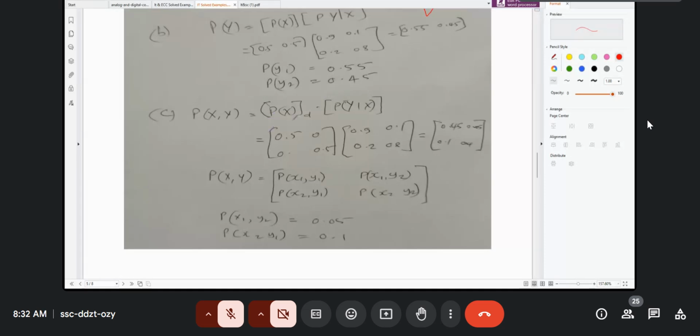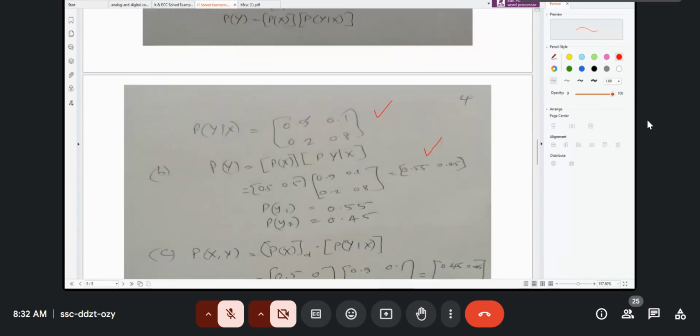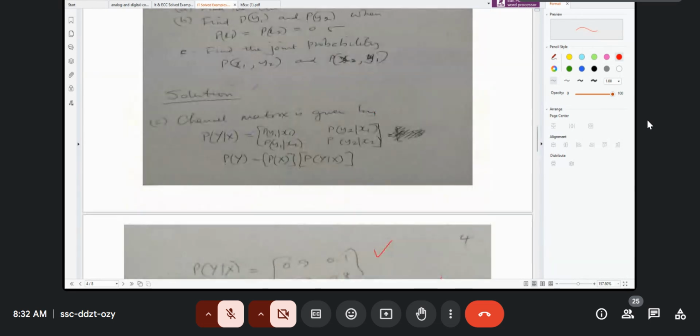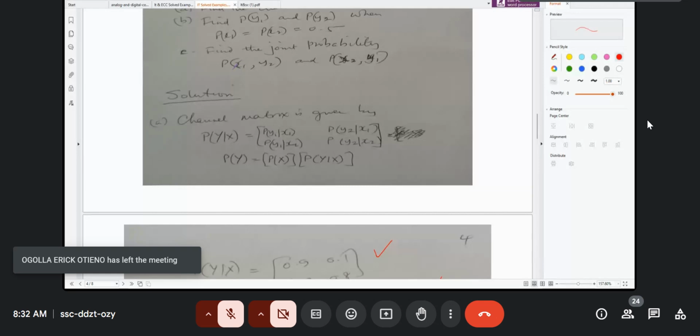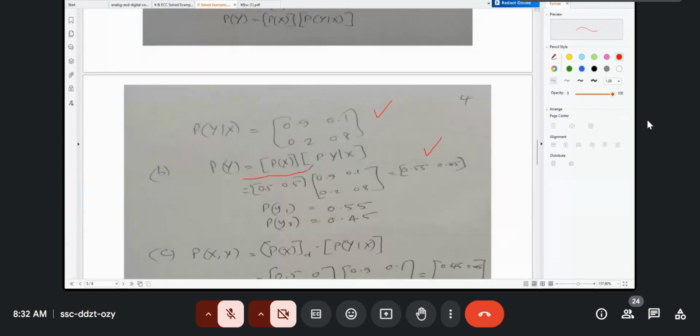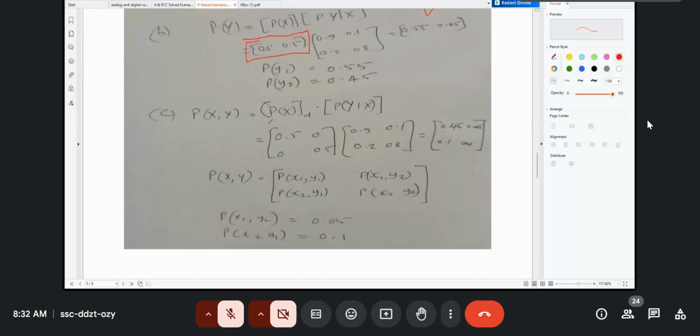You're going to use Pxd. Pxd means the diagonal matrix. This is Px, and this is Pxd. You have to convert it into a matrix, which you call Pxd.